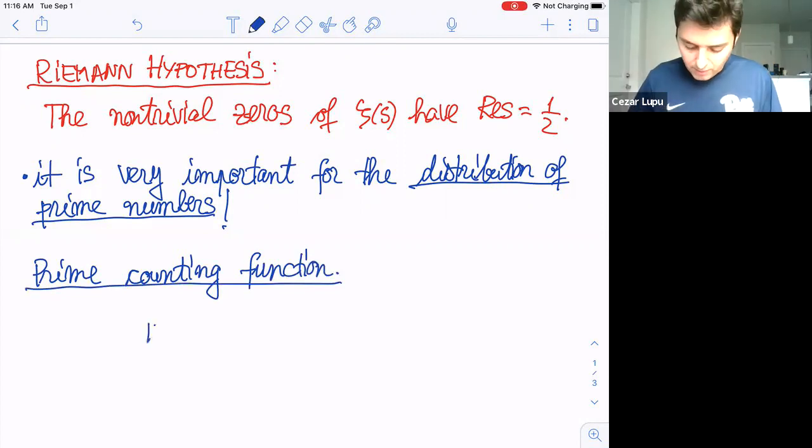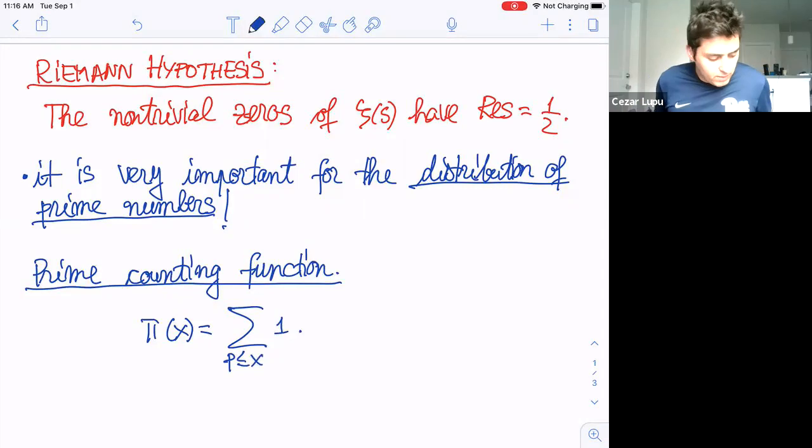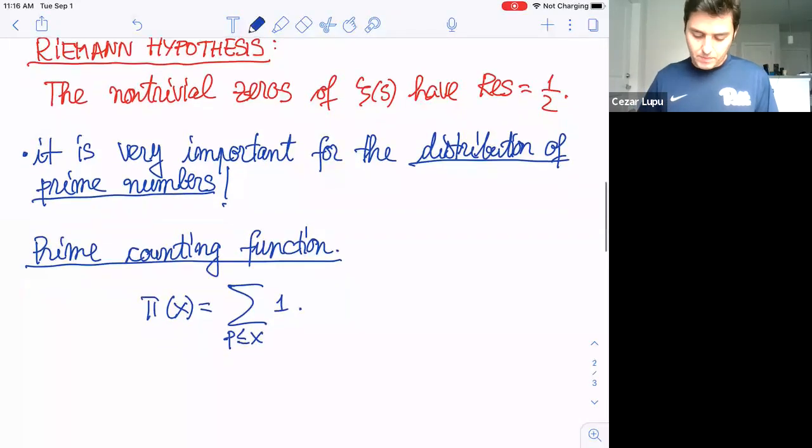The prime counting function, which is defined by pi of x, basically counts the number of prime numbers greater than 1 and less than or equal to x. This is the prime counting function.